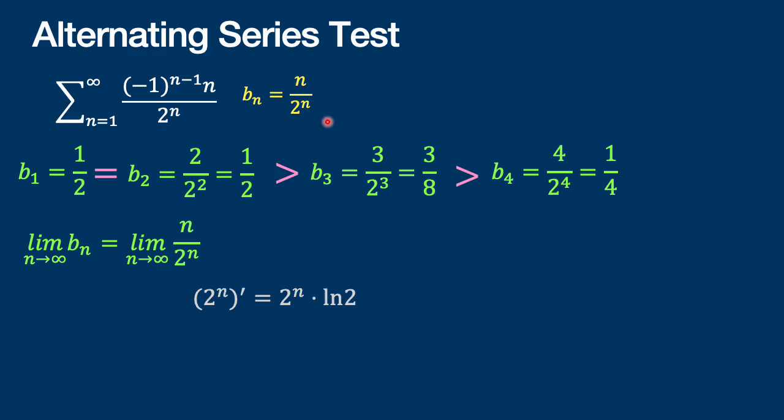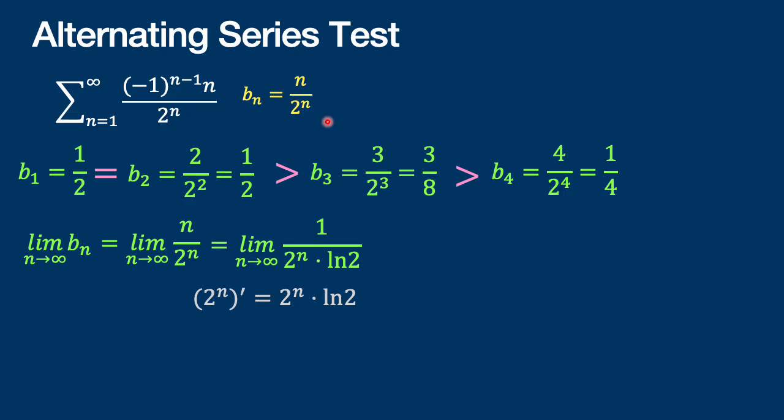Derivative of 2 to the n is 2 to the n times ln 2. So we're going to differentiate numerator and denominator. Derivative of n is 1. Derivative of 2 to the n is 2 to the n times ln 2. So you have 1 over 2 to the n times ln 2.